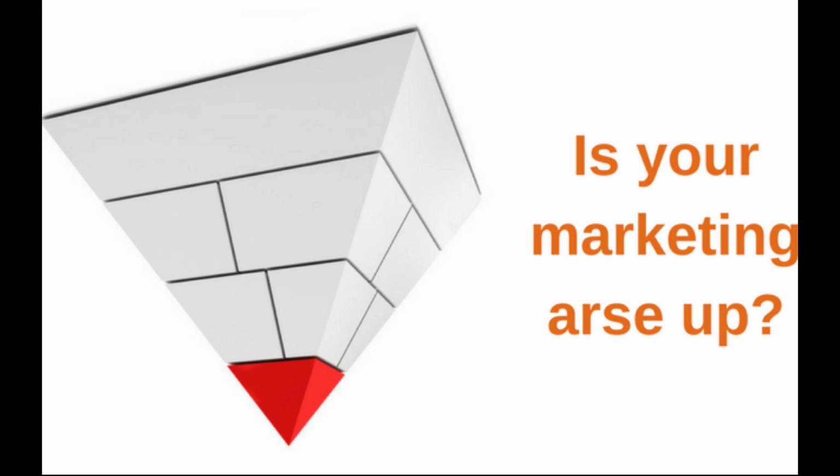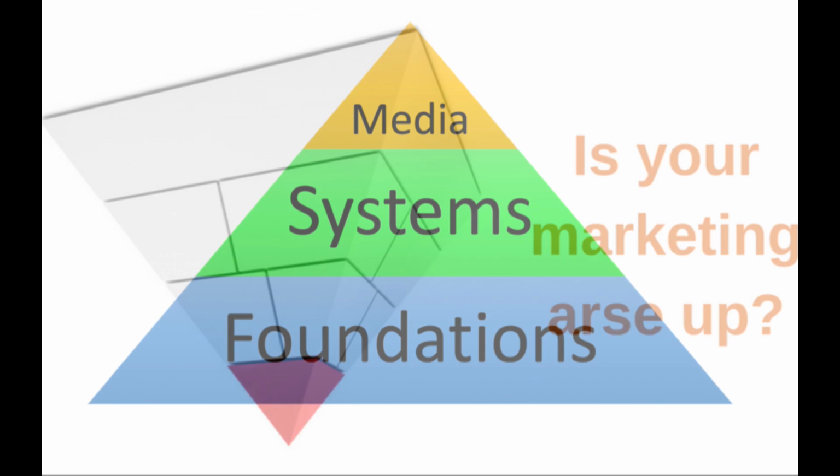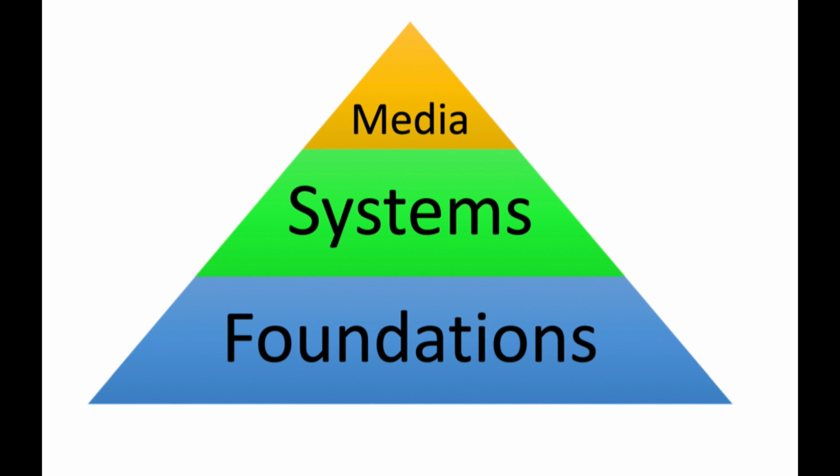Now, in this module, I'm going to be sharing with you a concept that I've developed called the marketing pyramid. Now, you may very well have heard of Maslow's hierarchy of needs, which is a pyramid shaped, triangular shape model. Now, I don't want you to confuse what we're going through here with Maslow's hierarchy of needs.